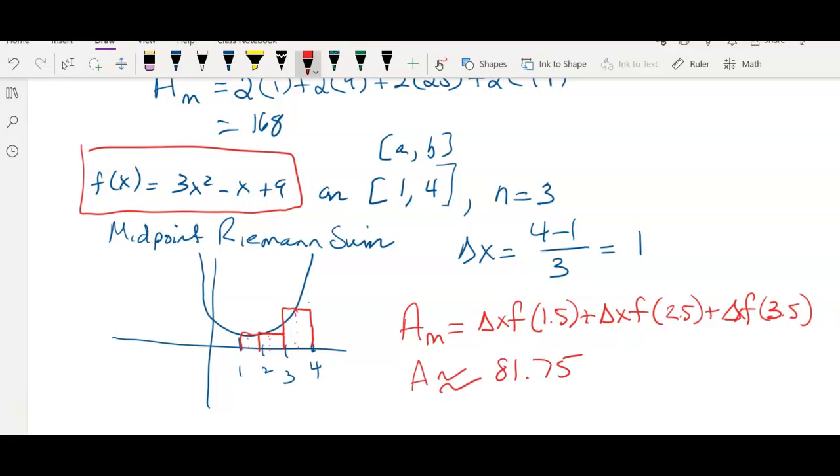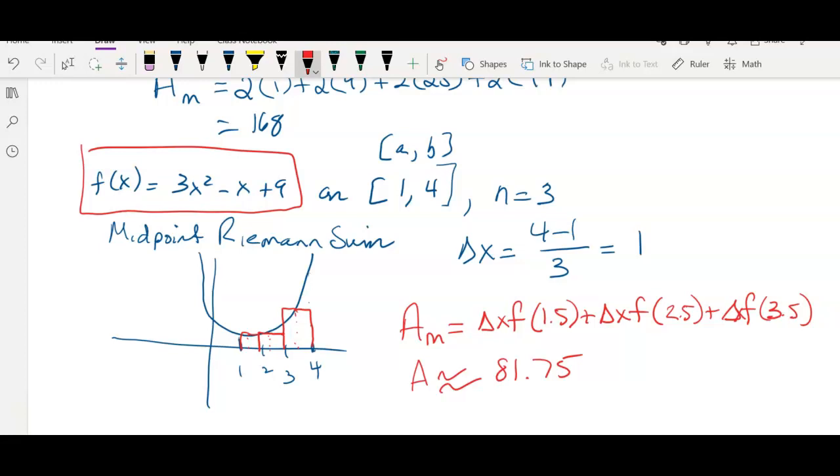That's awesome. So here's my big question to you all. How can we get a better approximation? More rectangles. Is it 5? Is it 6?